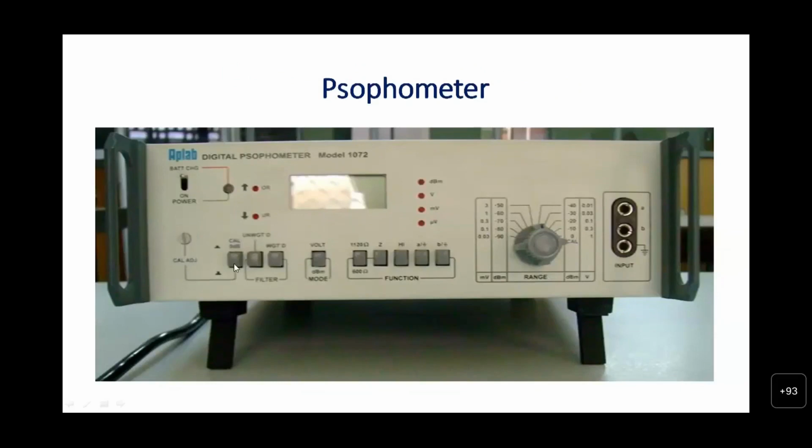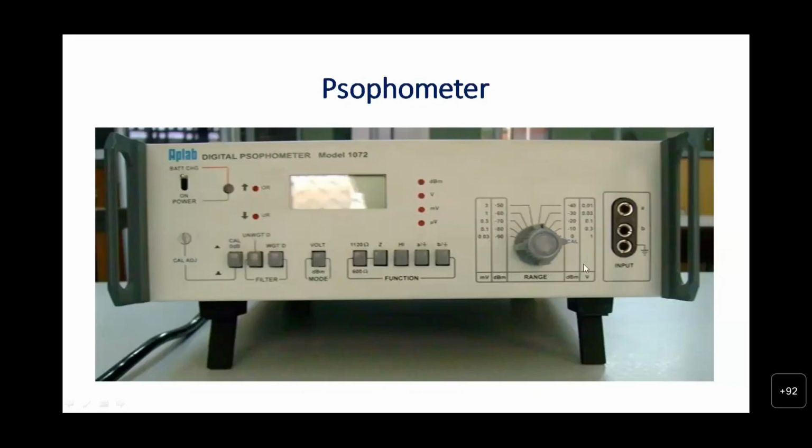By pressing the calibration button here, we have to calibrate the meter, and after the calibration is over, this has to be filtered to the weighting by pressing the weighting button, and this has to be selected for the impedance of 600 ohms.